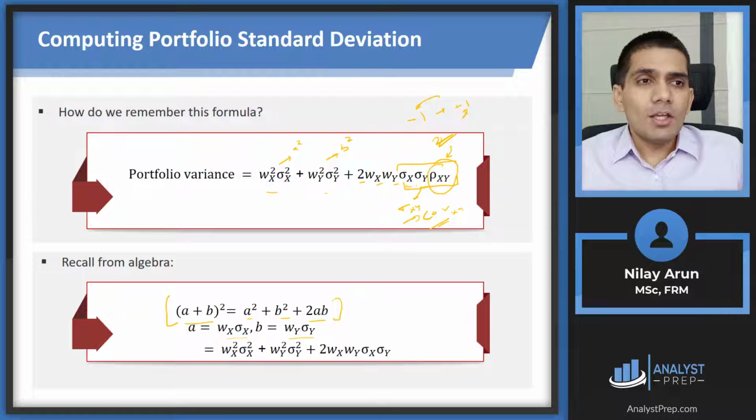So if you're given the covariance in the question directly, instead of these three terms, you can simply use the covariance here. If you've not been given the covariance and you've been given the correlation, then this is the formula that you're using. So these are basically the two versions of the same formula. Depending on whether we have been given the covariance or the correlation, we choose which formula to go in for. Okay, so that's your portfolio variance formula.